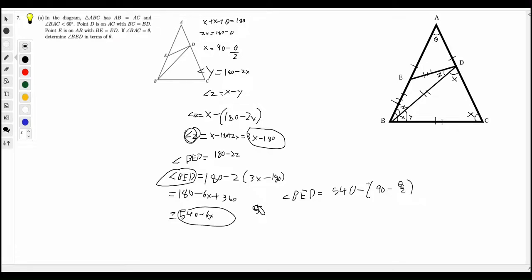I almost forgot the 6, so there's a 6 here. And simplifying, it's 540 minus 540 plus 3 theta. The two 540s cancel out, so after simplifying, we find that angle BED is equal to 3 theta. And that is our final solution.